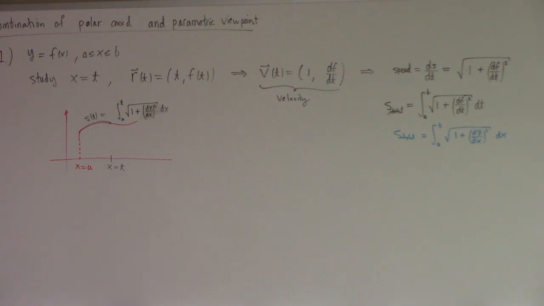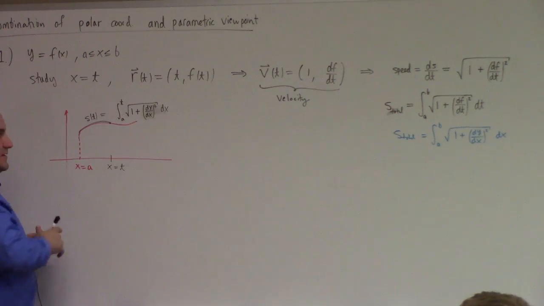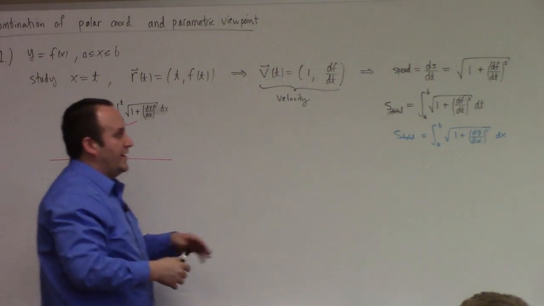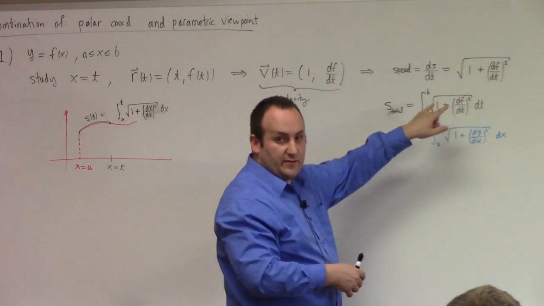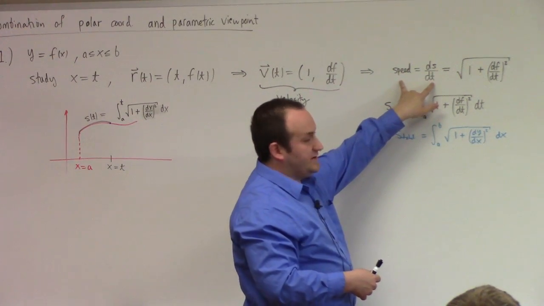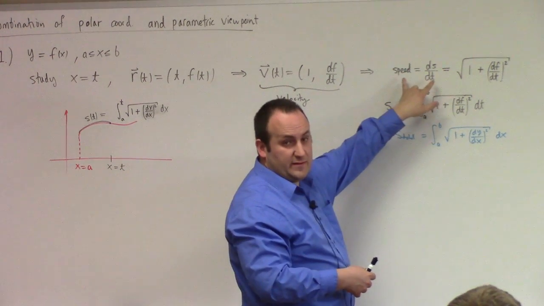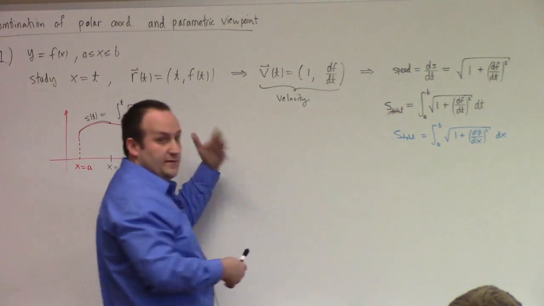Does that make sense? What should that be consistent with? What else did I tell you guys the other day? ds dt, right? Remember I derived it somewhat heuristically over here. I explained to you why ds dt should also be equal to the speed. So now I'm telling you s as a function of time is equal to this integral. If that's going to be consistent with my other claim, which I made through geometric heuristics, that the speed is equal to ds dt, what can you check now?